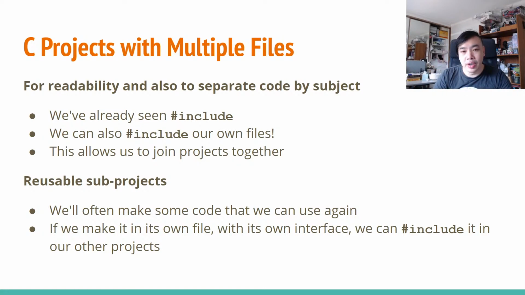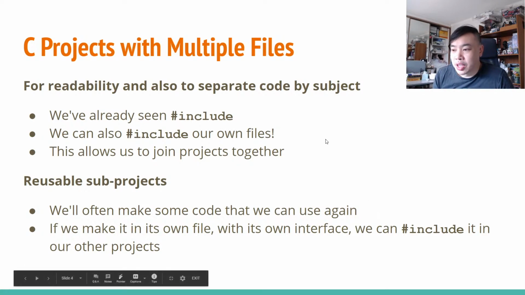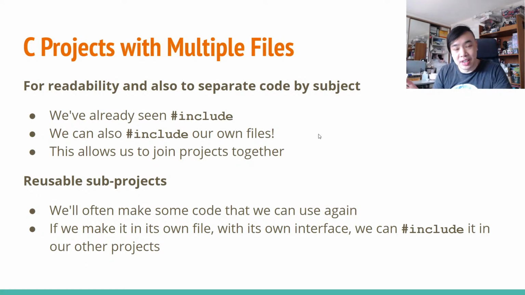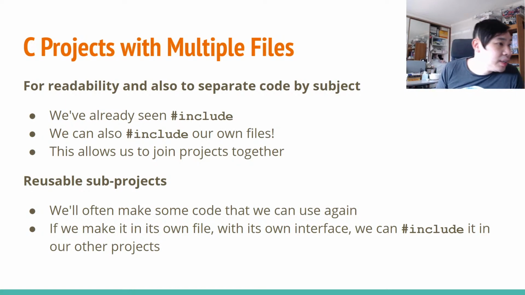And they go, oh, great. I don't really need to work that much with these files. I can just include them in my project. And the same way as with printf and scanf, I don't actually need to know how these functions were written. I just need to know that they work in a certain way, I trust them, and I use them. So there's a lot of value in being able to split our stuff into multiple files. But what we do need to know is how to work with multiple files if we actually have the files ourselves, or if we're writing in multiple files at once for a project.